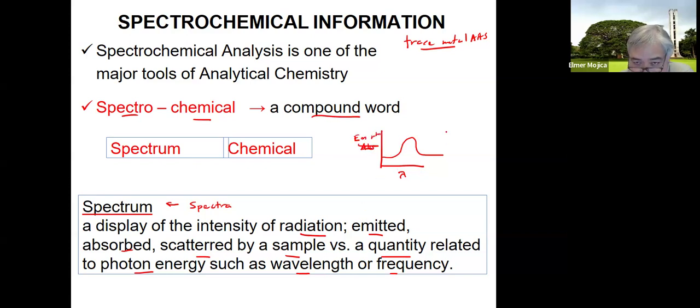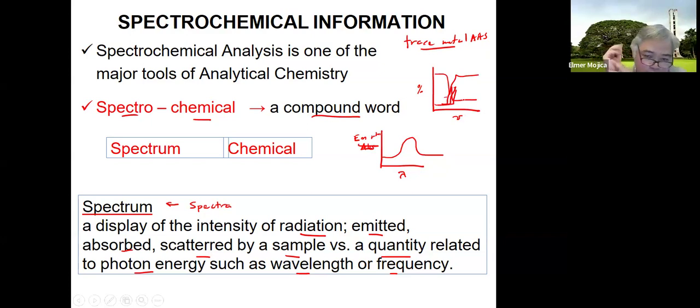Now, if it's the frequency, synonymous to that is the so-called wave number, and you have here either the percent transmittance, or if you have the absorbance, you can have it like a mirror image. So that is what we call a spectrum.